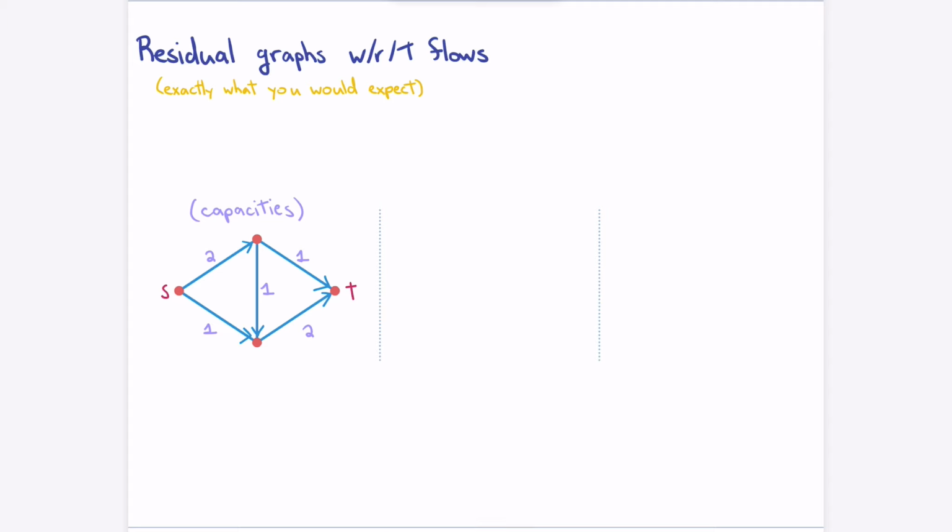So I start with a graph like this and with some capacities. Let's say I'm sending 1 unit of flow from S to T. That means I'm using half of the capacity of the first edge, all of the capacity of the second edge, and 1 capacity of this third edge. And adding the reverse edge corresponds to adding some capacity in the opposite direction.